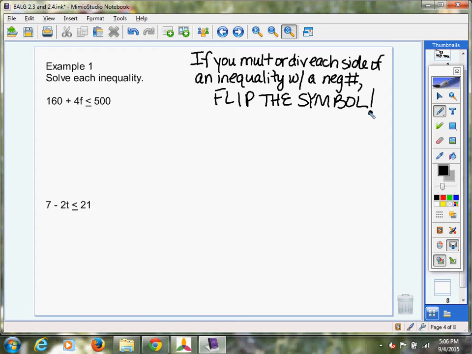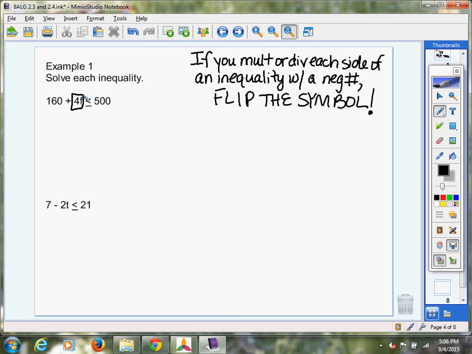We've got 160 plus 4f is less than or equal to 500. So you just treat it as though there were an equal sign there. Our game plan doesn't change at all just because we're doing inequalities. You're going to get the variable term by itself. Do that first, and then we can deal with the 4.